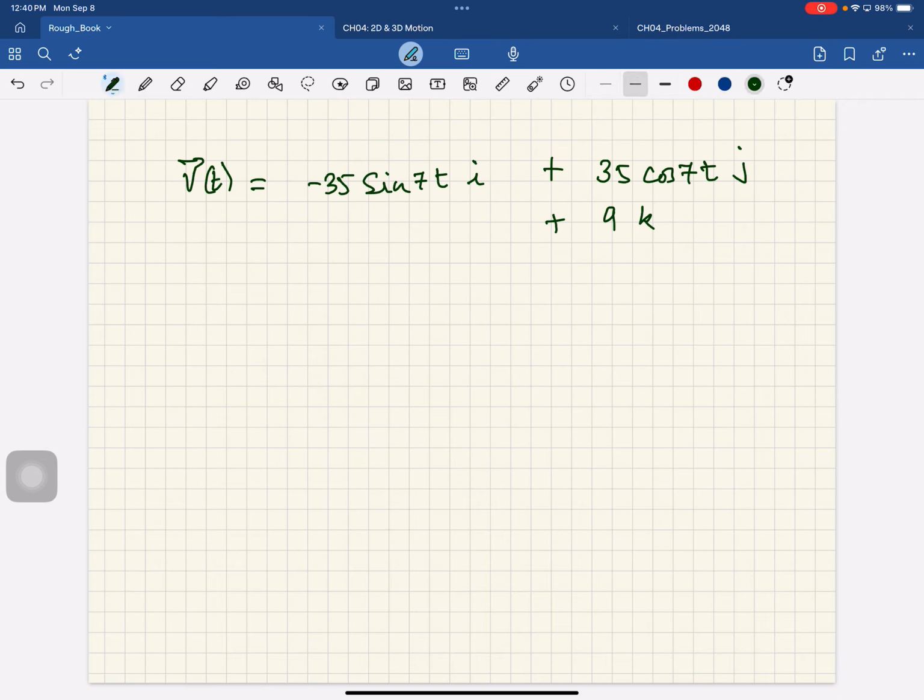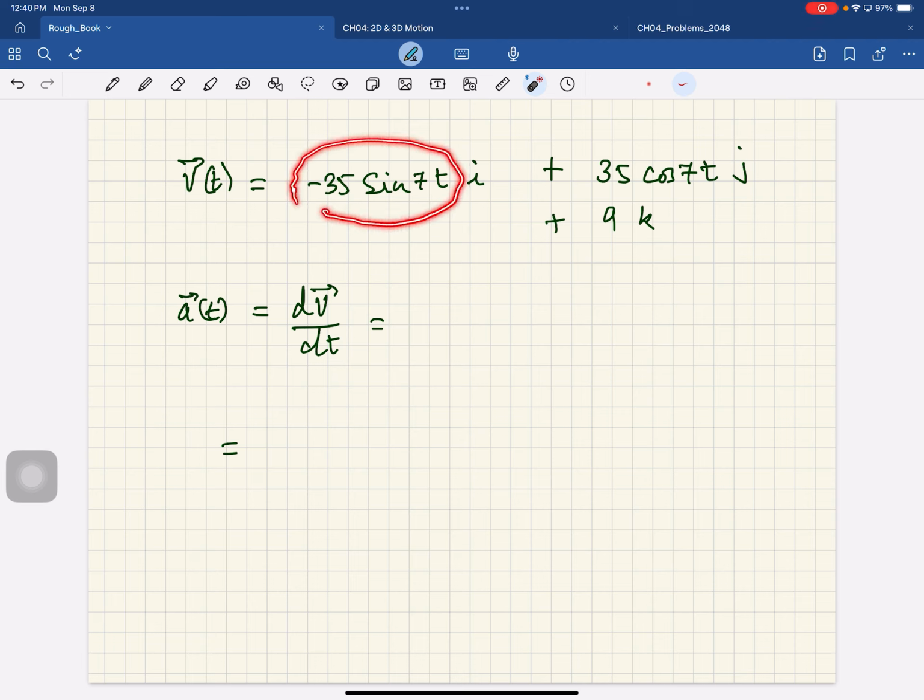And the other thing we're interested in is the acceleration of the object, which is dv by dt. By the way, this is the x component of the velocity, this is the y component of the velocity, this is the z component of the velocity.